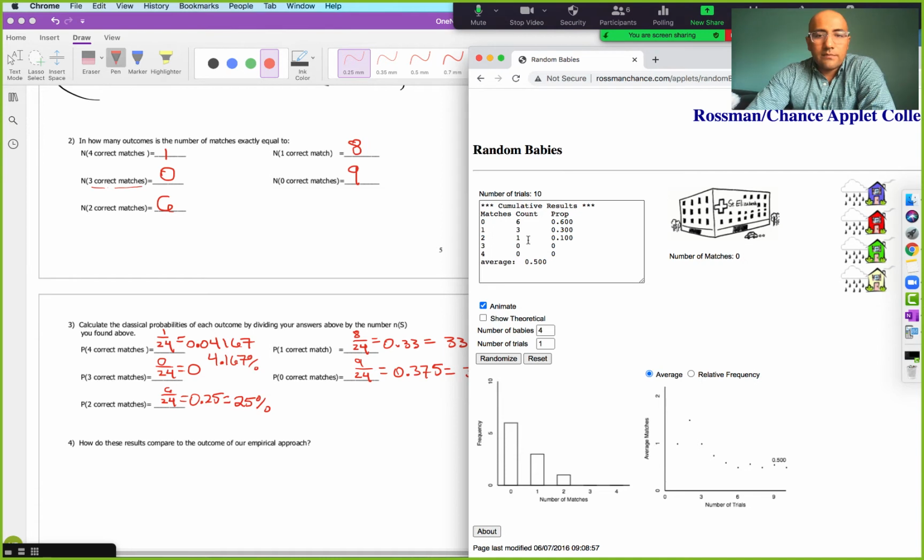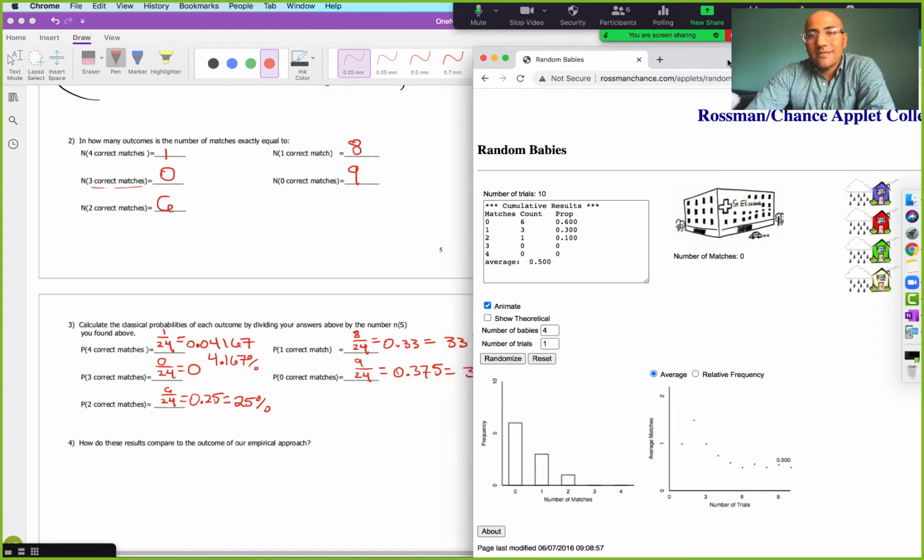If I only do it 10 times, look how off my probabilities are. Based on 10 times, I'm thinking that the probability of getting 0 matches is 60%. That's not correct. It should be 37.5, but that's because 10 trials isn't enough.